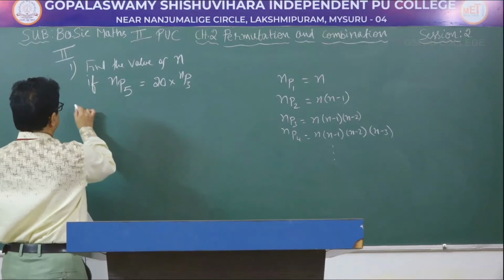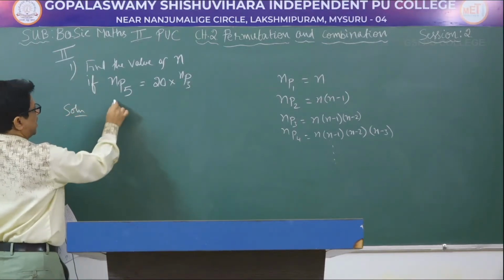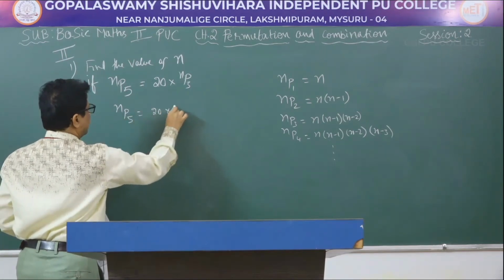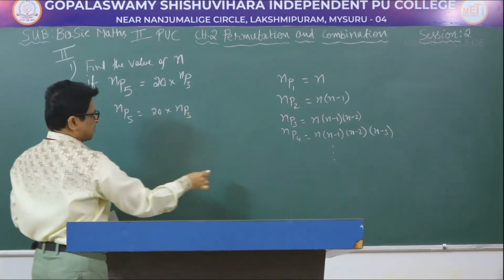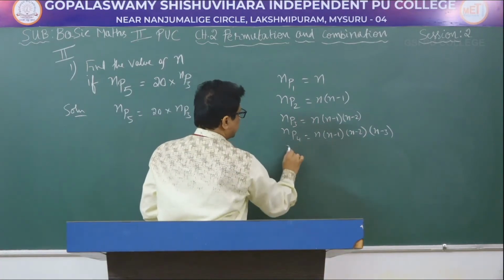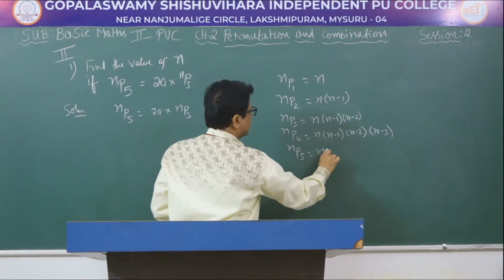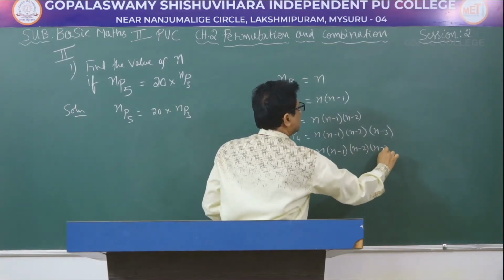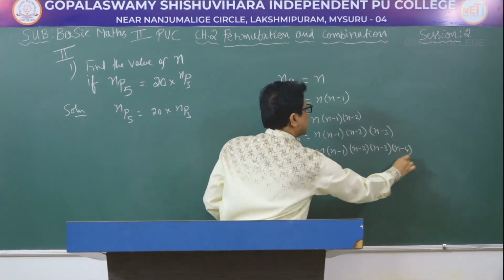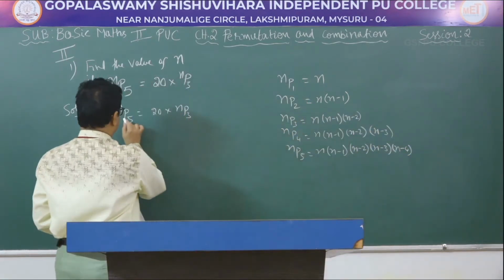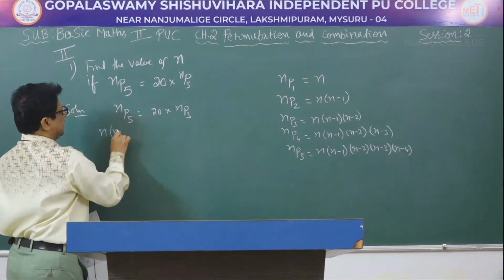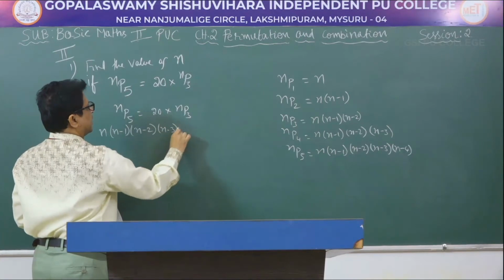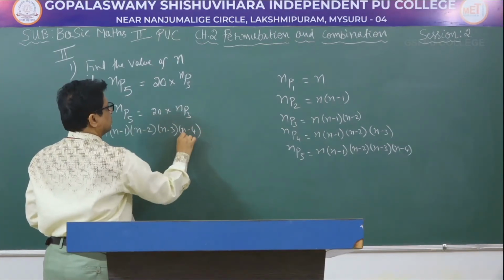So, in this problem, the condition given is nP5 is equal to 20 into nP3. Continuing like this, what we get? nP5 can be written as n into n minus 1 into n minus 2 into n minus 3 into n minus 4.